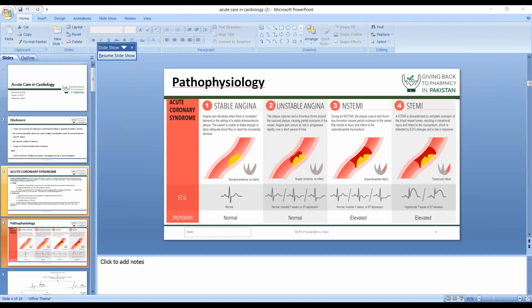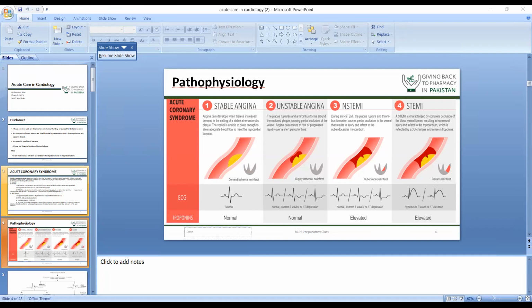So how are we going to manage acute coronary syndrome? Once the patient comes with chest pain, the first step is to obtain a 12-lead ECG within 10 minutes, and you have to give aspirin within 10 minutes, particularly the loading dose, if the patient is not already taking it. If the ECG shows ST elevation and troponin is positive, the diagnosis is confirmed.